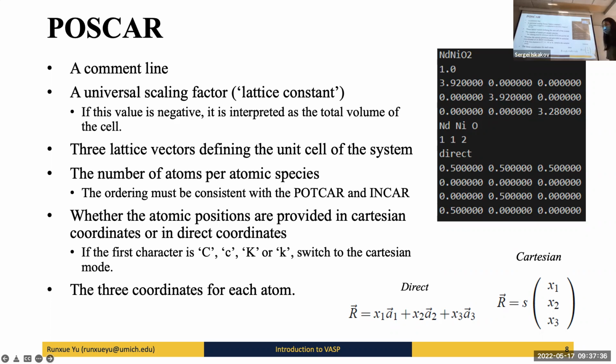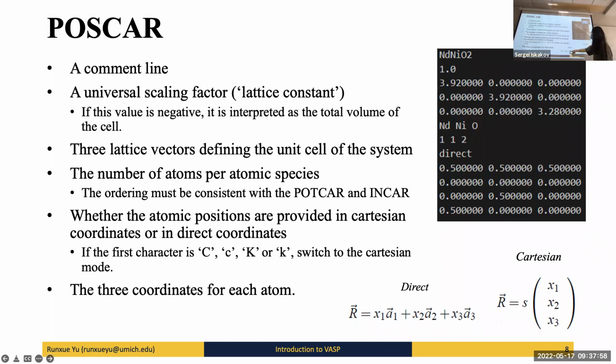So you have the formulas for direct and Cartesian. And Cartesian has a little s. Is this your overall scaling factor? Yeah, it is kind of the scaling factor here. As I understand from the manual, you can do any scaling here. Sure. And so why is there no scaling factor in the direct?